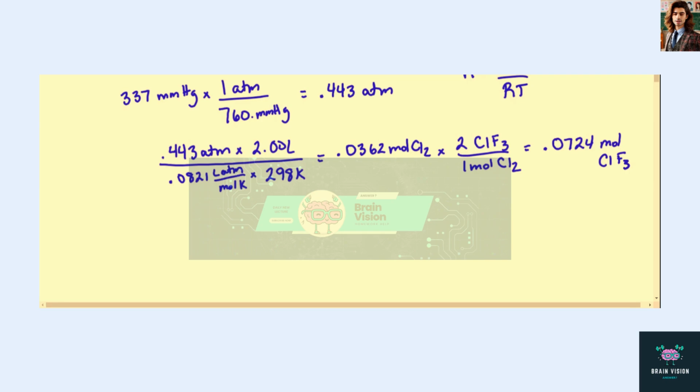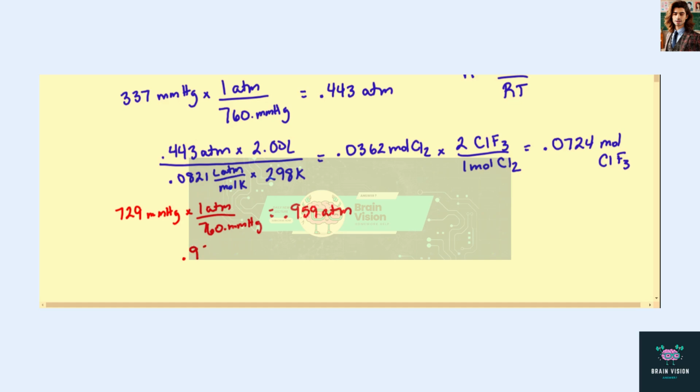So again, I am converting my 729 millimeters of mercury into atmospheres. That gives me 0.959. And then I'm going to plug in the only number that changes from when I plugged into PV equals nRT, and on the top is the first value.